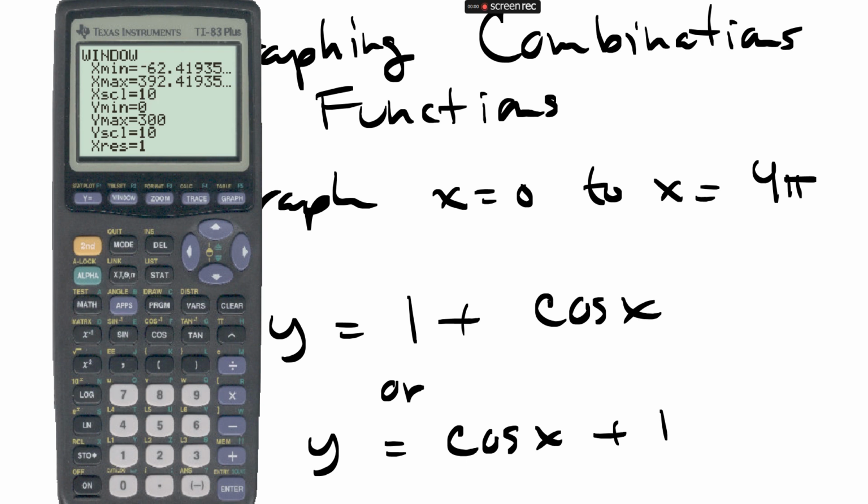All right, and then we also have a domain already given. We want to go from 0 to 4 pi. Okay, so let's go 0 to 4, and we need to find the pi button. Pi button's right here. It's on top of the caret button. So second function, pi, enter, good.